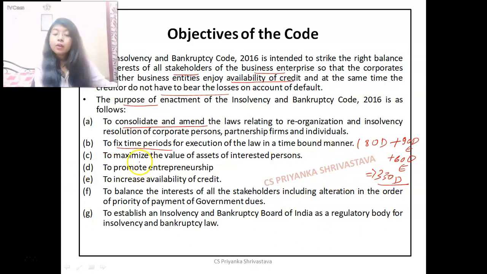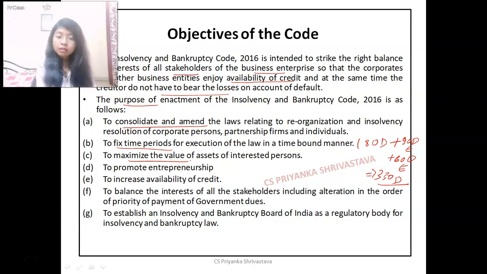Okay. Now, to maximize the value of the asset of the interested person. In a case where a company is unable to repay the debt and we are not able to revive anything, it is the duty of the insolvency professional to sell the asset in a manner by which we can get the maximum value of the asset being sold.